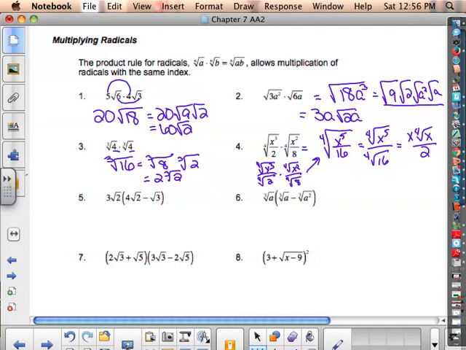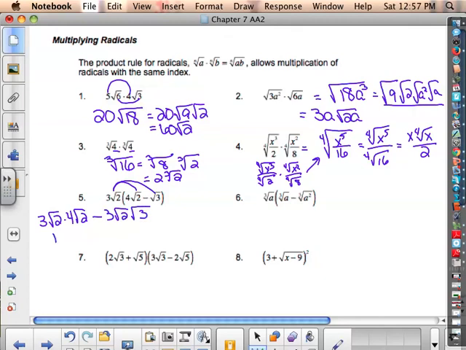Now multiplying, this is just like the distributive property that you learned in Algebra 1. When you multiply a monomial and a binomial, you multiply the monomial by the first term, then by the second term, and you're going to use the same rules. So we'll multiply 3 root 2 times 4 root 2 minus 3 root 2 times root 3.